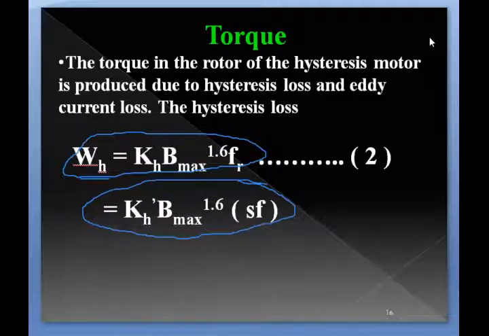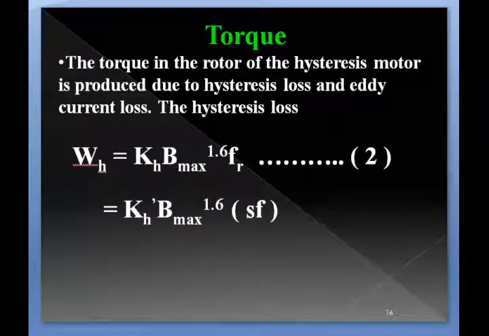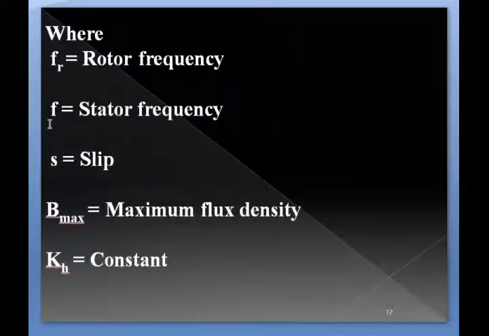Okay, next slide. Here Fr is the rotor frequency, F is the supply frequency, S is the slip, Bmax is the maximum flux density, and K is the constant.